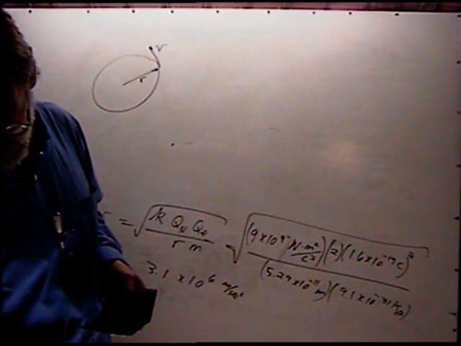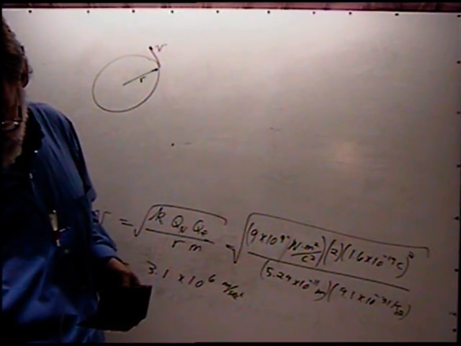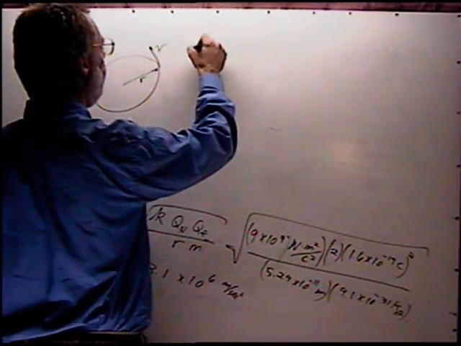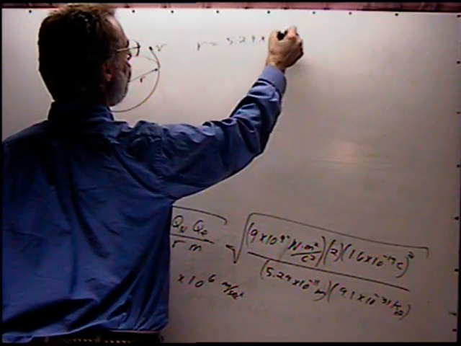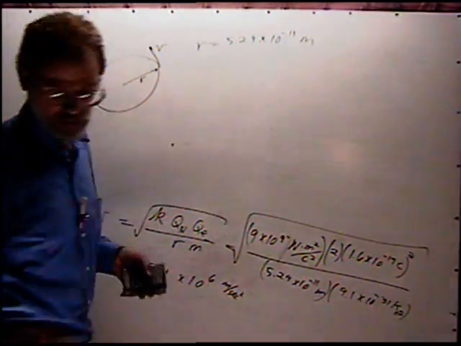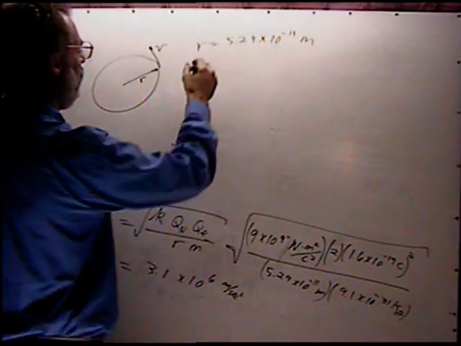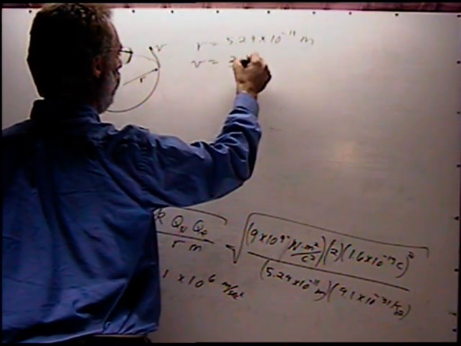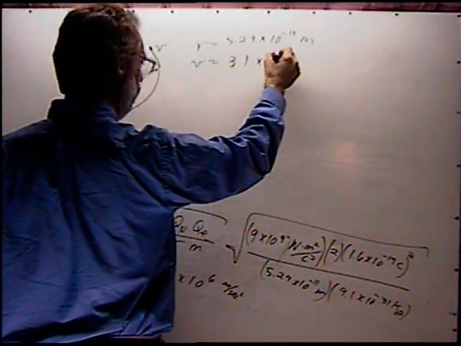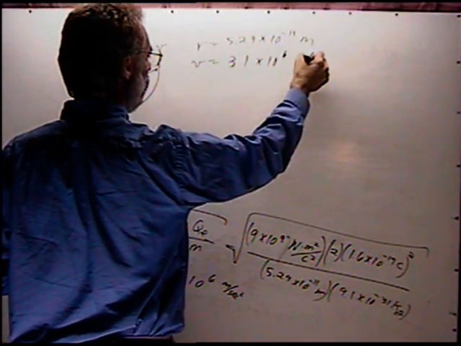Remember, the radius was, it's not in the book, 5.29 times 10 to the minus 11 meters, and the velocity was 3.1 times 10 to the 6 meters per second.